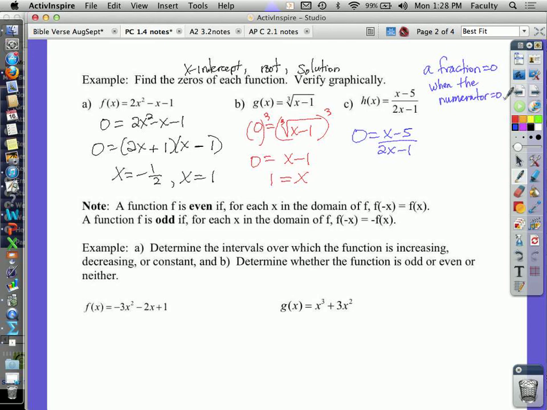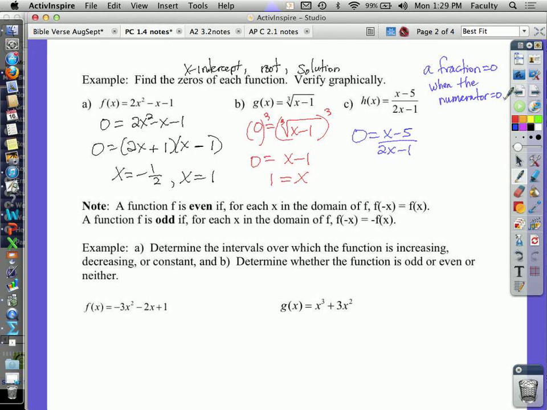Why can't we say it's when the numerator and the denominator equal 0? Why don't we look for both places? Abby, do you know, why don't we set the denominator equal to 0 as well? Well, why don't you have to?